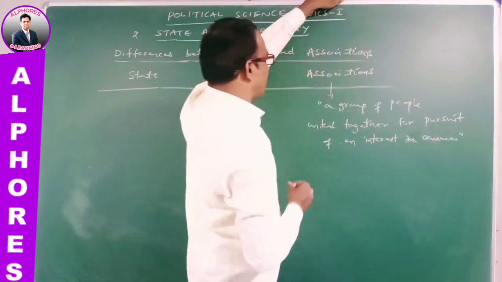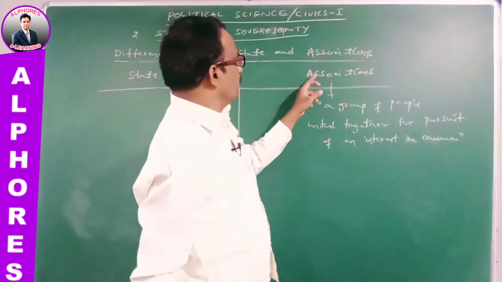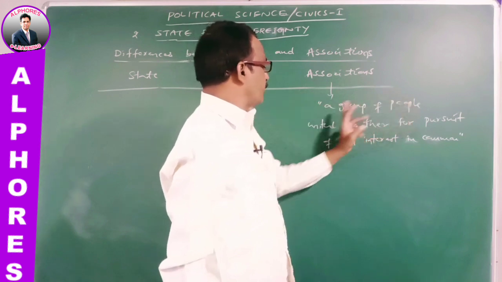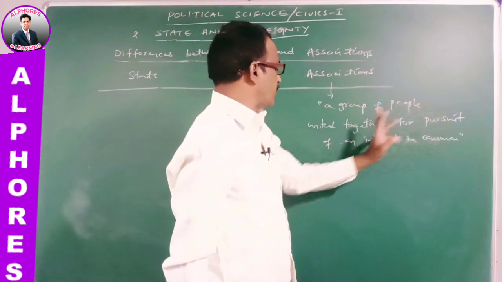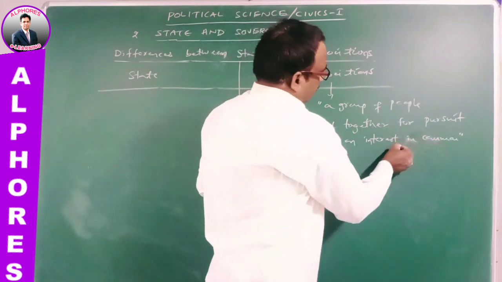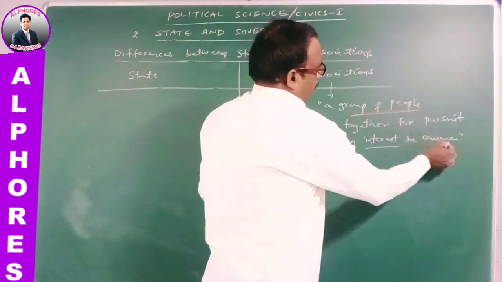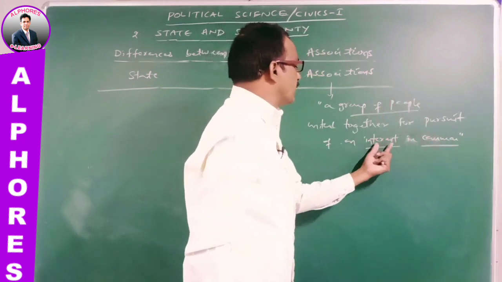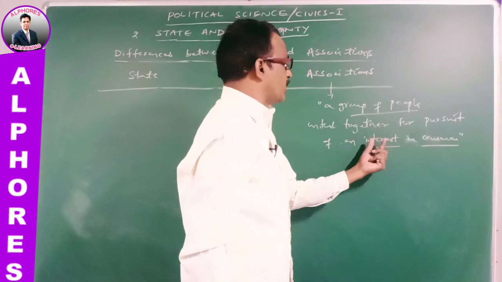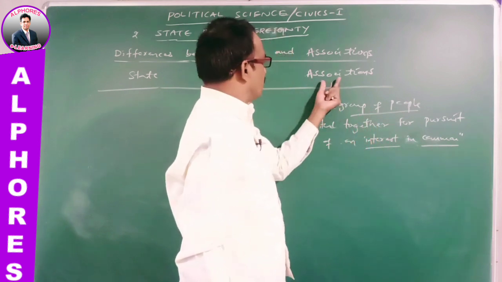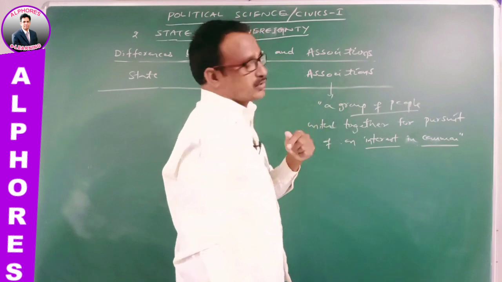Okay, association is defined as a group of people united together for pursuit of an interest in common. It means the interest of the people is common, and they have common interests or common objectives or common aims. So it is one of the definitions of association.